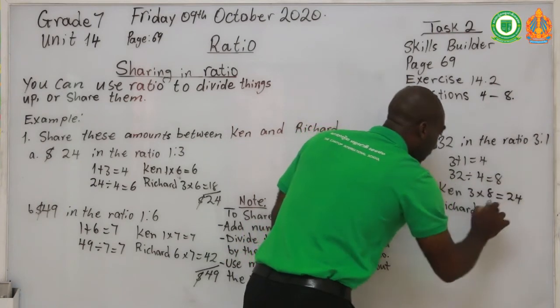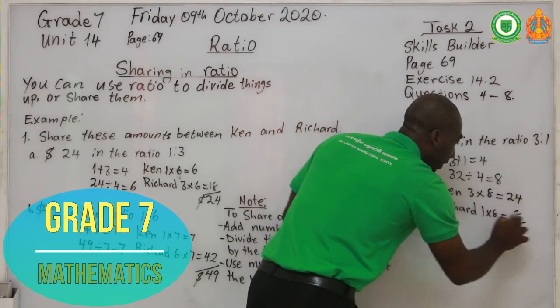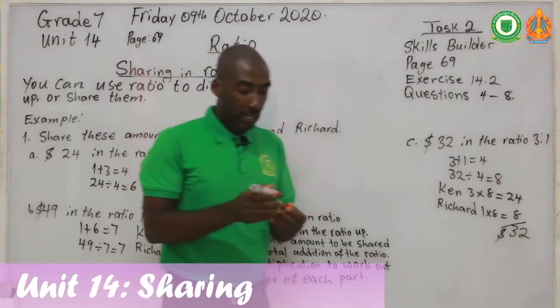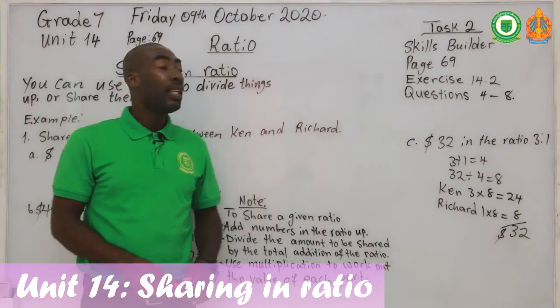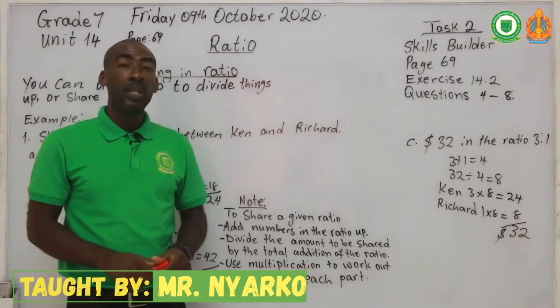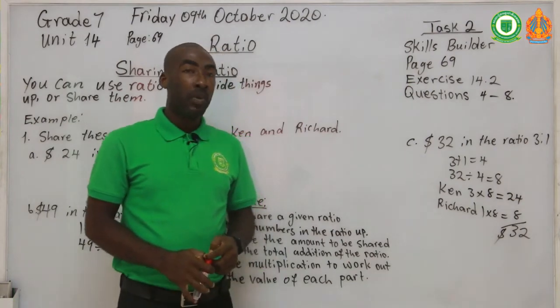Richard is having just 1 point by 8, and that will give us 8. So we add these, and that gives us $32. So this is how you can go through your sharing using ratio at all times, so that everybody will be satisfied about how the sharing was done.